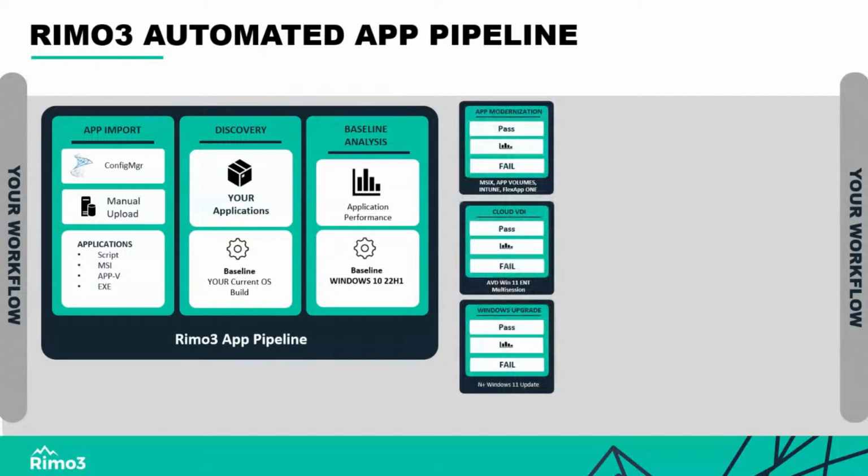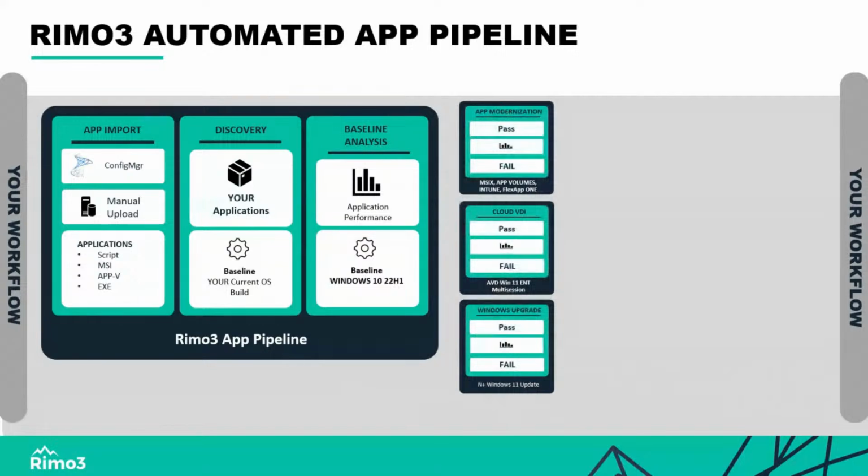And I'm showing some very common examples here today. So when we start to look at our AVD desired end state, what does that look like? Is it a Windows 11 specific build? Is it single session, multi-session? These are the types of configurations you want to implement within Remo 3 so that you then have that environment to analyze those applications against.